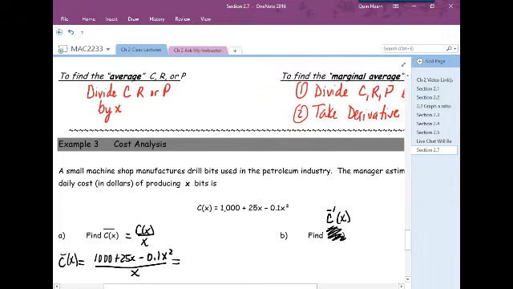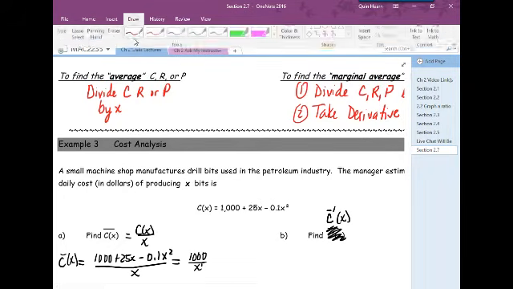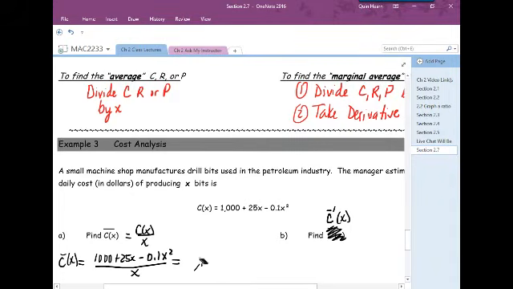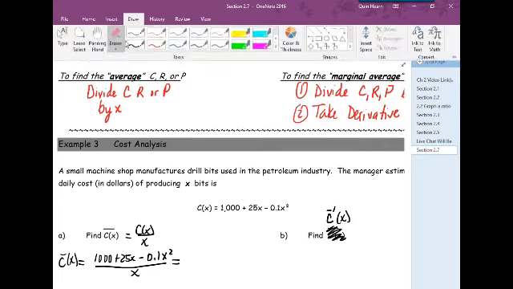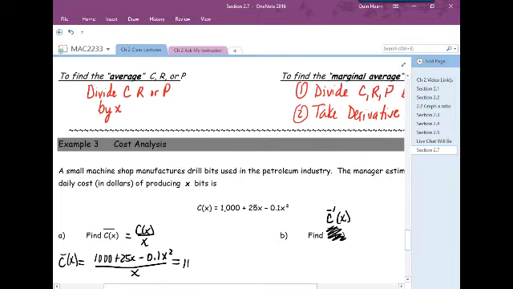We're going to get it in a form that we know how to take derivatives. So I'm going to divide 1,000 by x. But remember, 1,000 divided by x, this is x to the first power. We can just bring it to the top so it's not division anymore and make it 1,000 x to the negative 1. We can divide 25x by x and get 25.